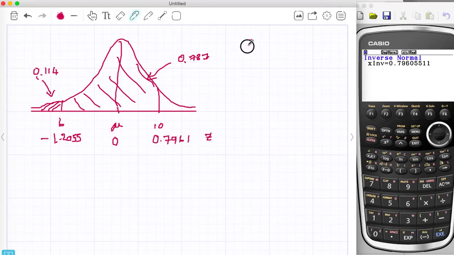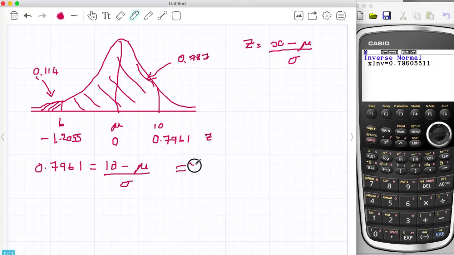Now I have a formula for standardized values, which is to take the x score, take away the mean, and divide by the standard deviation. So my z score, let's do the positive one first of all: 0.7961 equals 10 take away mu, divided by the standard deviation.